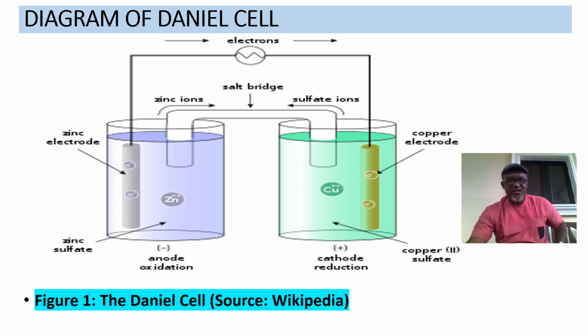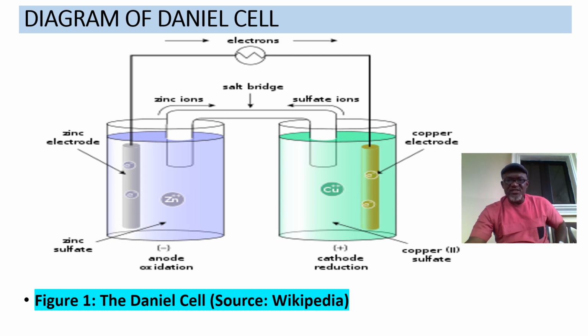Remember that the zinc will be oxidized, giving off electrons on the left-hand side here, and the electrons will flow through the external circuit. You see the arrow where the electrons are flowing into the right-hand electrode. At the right-hand electrode, where we have copper, receiving these electrons, the copper ions in solution will be reduced to copper metal, and that copper metal will be plated on this copper electrode.